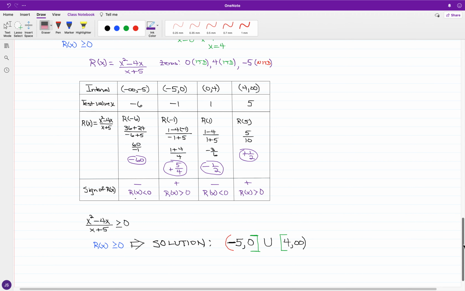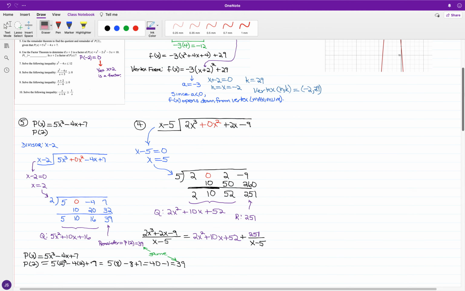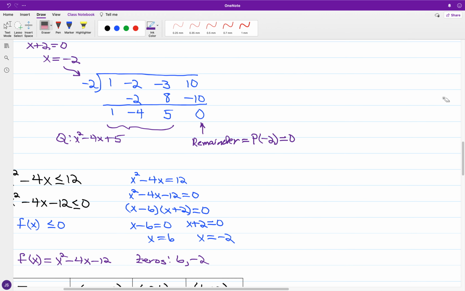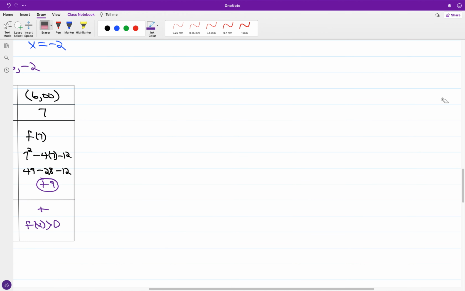All right, now for what we have in the case of number 9, okay, so you have x plus 2 over x minus 6 is greater than or equal to 0. Okay, and this rational function, we already had this in simplified form.